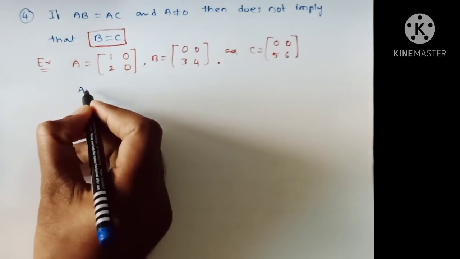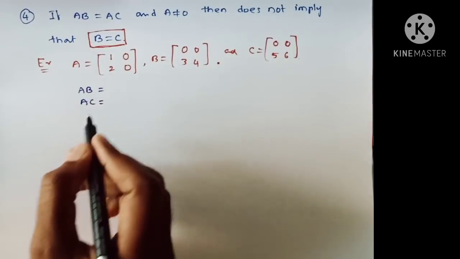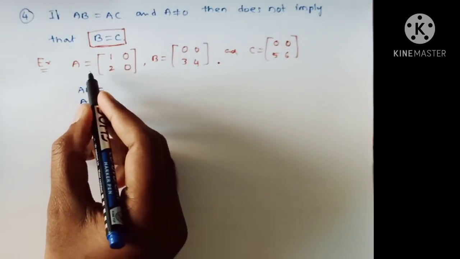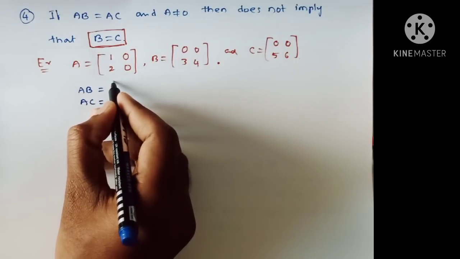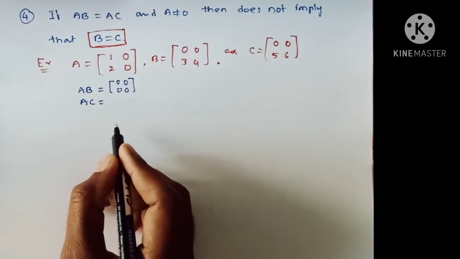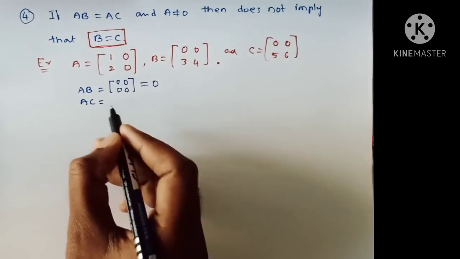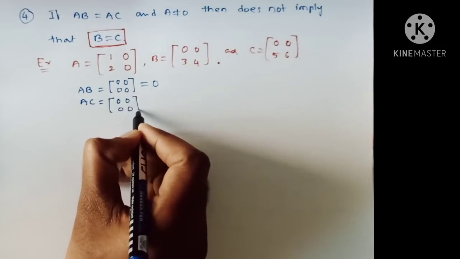Now you can find the AB and AC values. You know how to multiply these two matrices. If we find A into B, we get a 0 matrix, 0 0 0 0, which is again a 2 by 2 matrix, and AC is also the same.